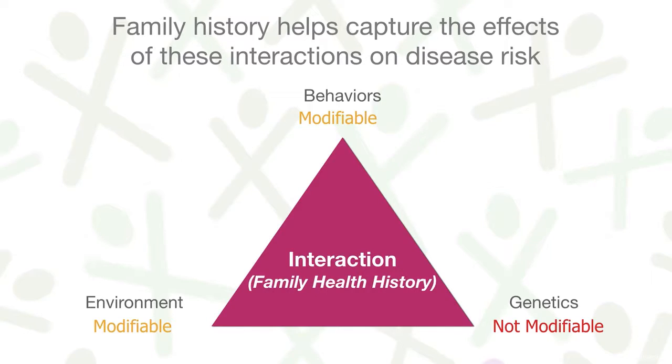So that's why when you capture this different information in your TapGenes family tree, like where you've lived, where you've traveled, where you've moved to, all those pieces start to pull together the story of you and your family, and help give the doctors and you a picture of what some of these interactions might be. Because while you can't modify your genes, you can do something to modify the behaviors and environment around you.